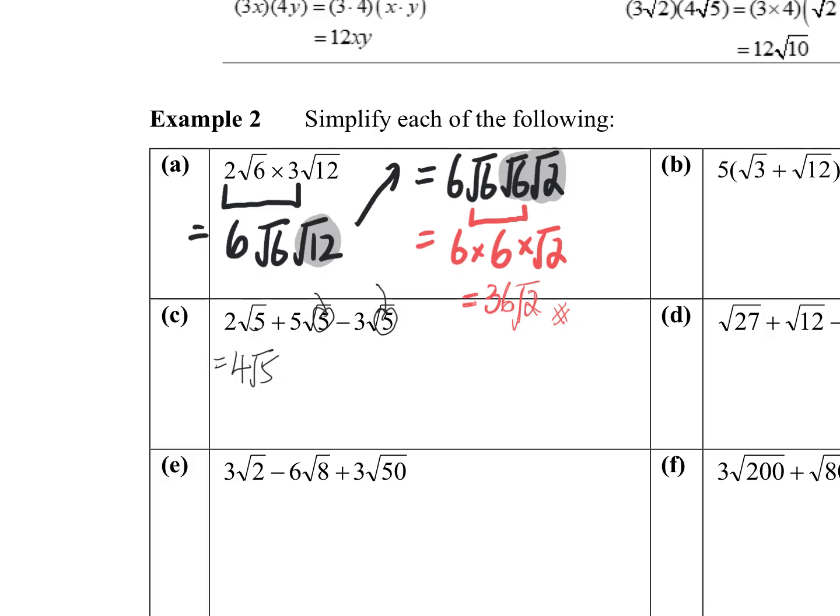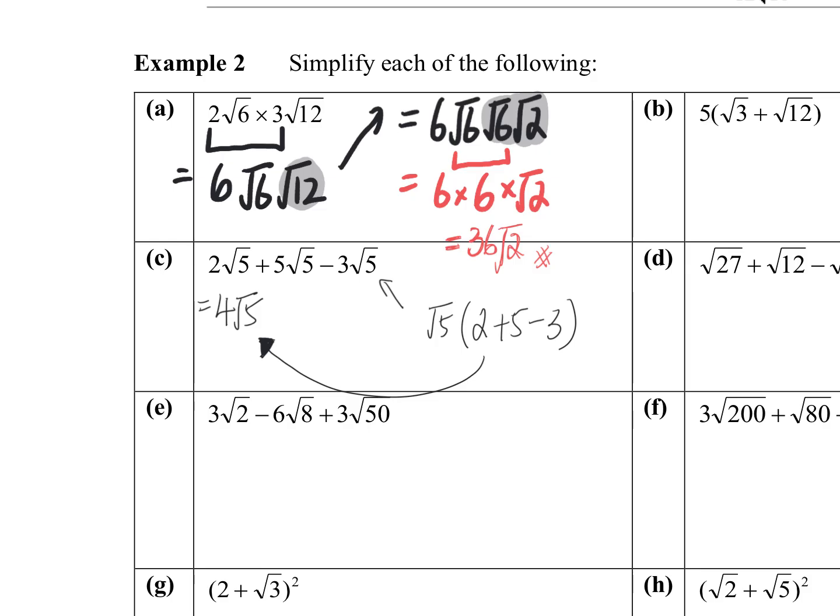So just treat it as an algebra. Like the root 5 is an object. If it helps you to see better, you can take out the root 5. So 2 plus 5 minus 3. Then you will also get this. But not needed. You can straight away simplify like that. It's like you have 2 root 5, you have 5 root 5, and you have 3 root 5. Just simplify them.